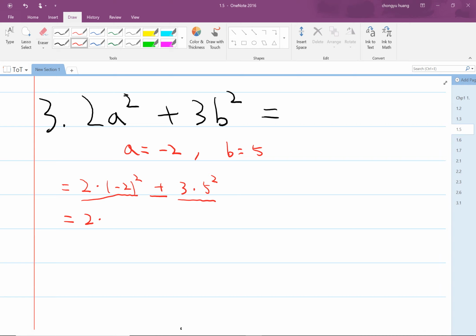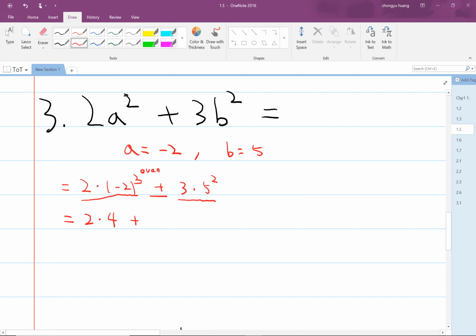So over here we got 2 multiply -2 squared, right? So -2 squared, the power 2 here is even, so you know it's gonna be a positive number. So -2 squared is equal to 4, right?